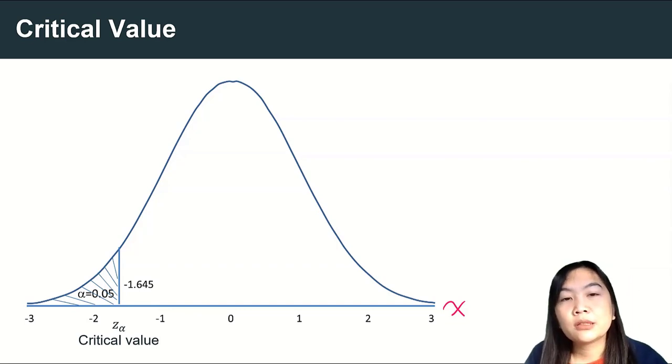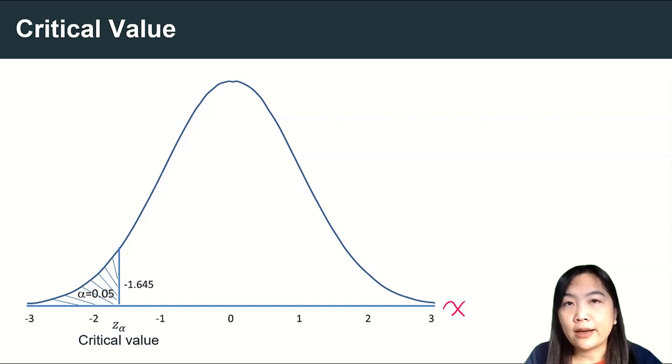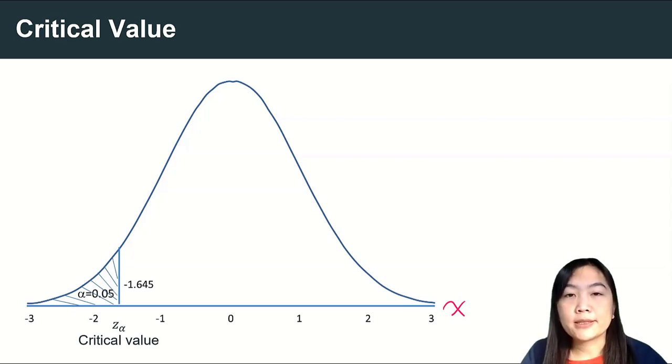So what you should do is first decide your alpha value, how confident you want it to be. If you want to be 95% confident, then alpha will be 1 minus 95%. And if you want to be 99% confident that the constraint is going to be met, then your alpha will be 1 minus 99%, which is 0.01.